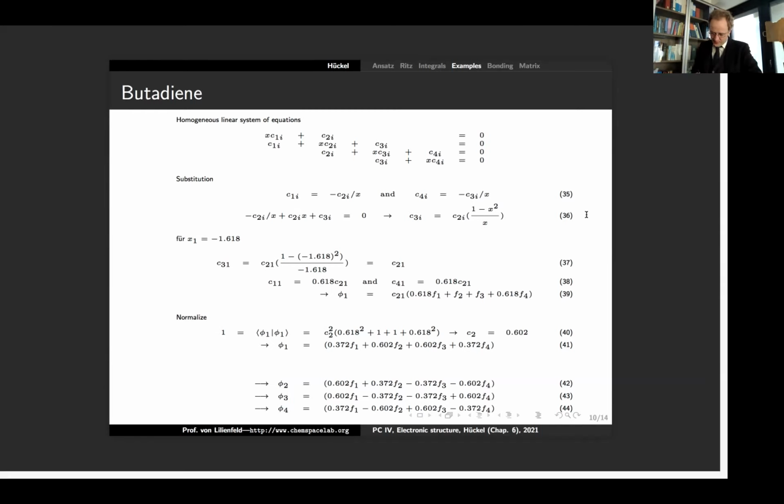So we have atoms 1, 2 and 3. Okay? So we have a P12 and a P23, these two guys.